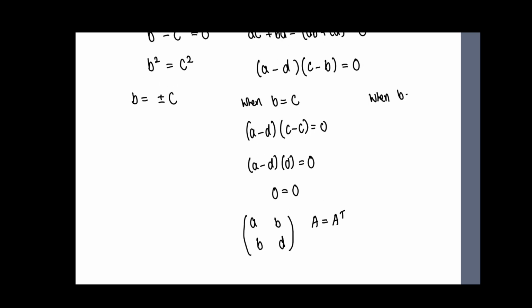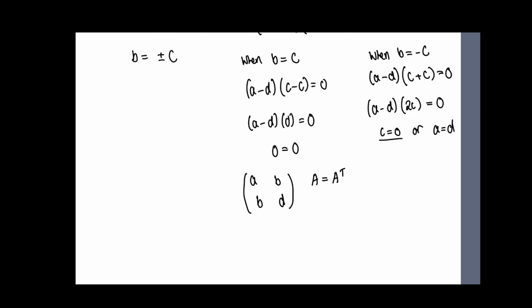When B is equal to minus C, we have A minus D bracket C plus C is equal to 0. So A minus D brackets 2C is equal to 0. So in this scenario, C must be equal to 0, which is what we get over here, or A should be equal to D in order to make this equation equal to 0.